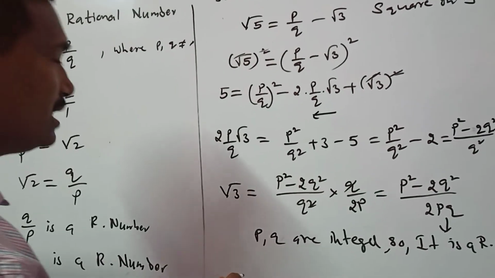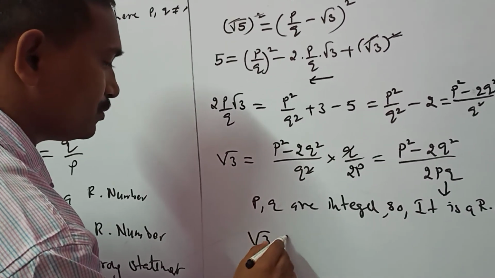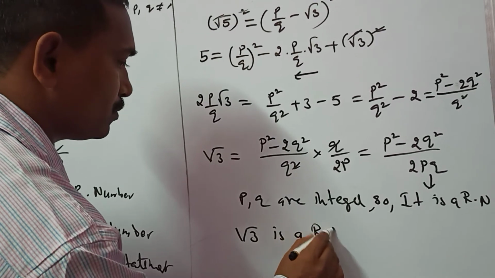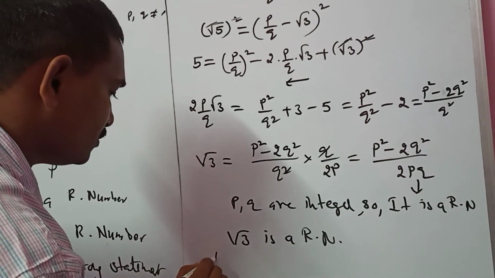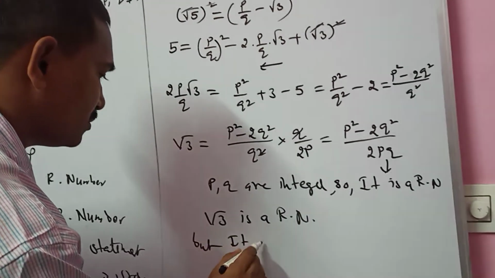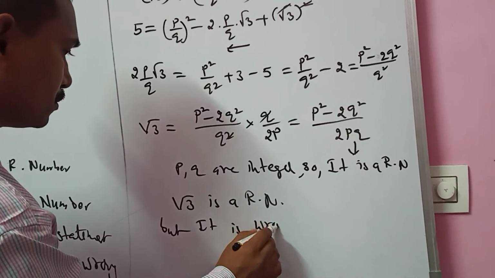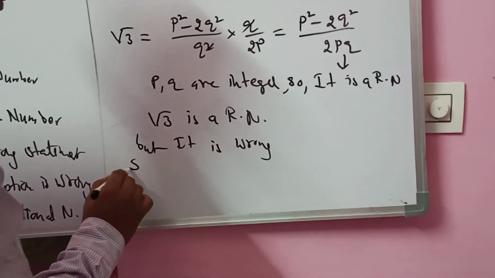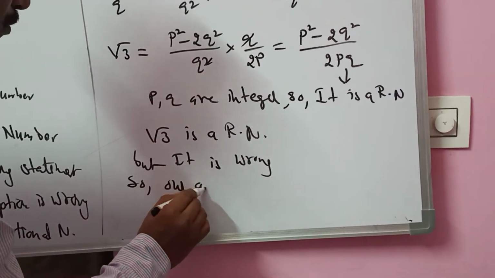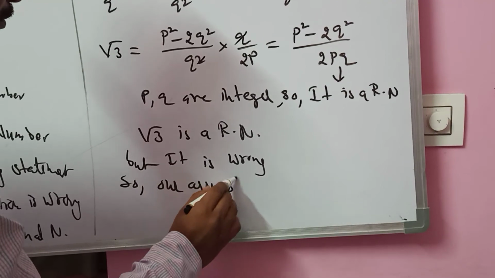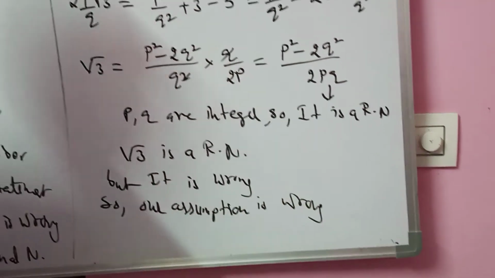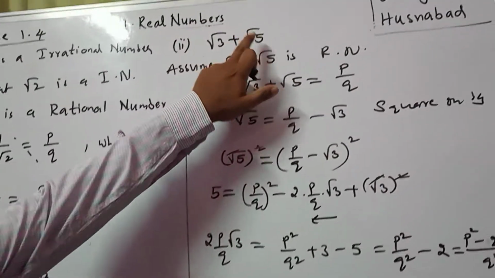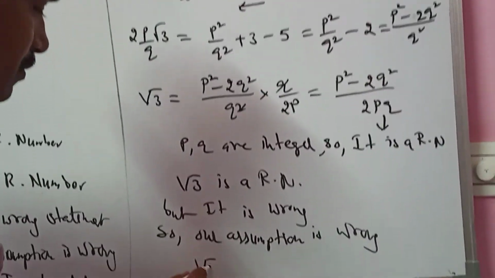That means root 3 is rational, but it is wrong. So our assumption is wrong. So root 3 plus root 5 is irrational.